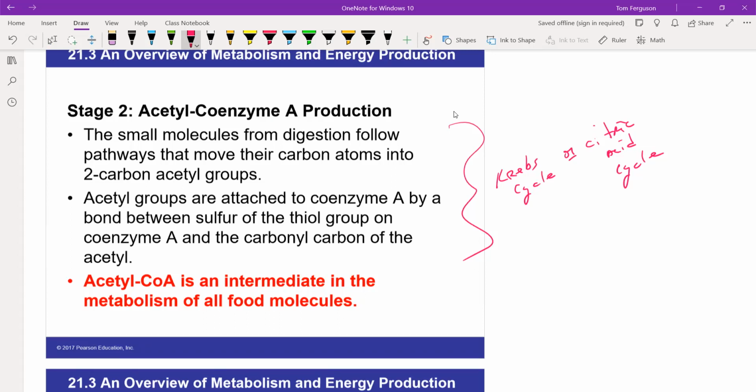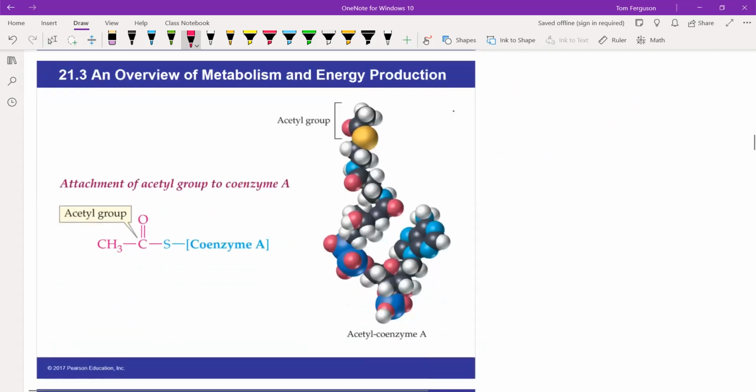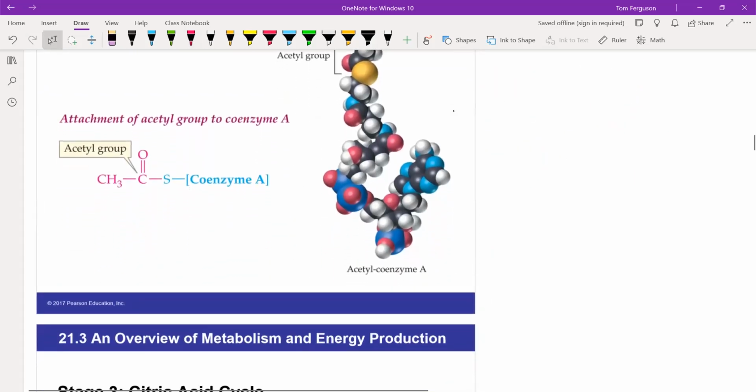And acetyl-CoA then goes on. This is the acetyl part. It's a thiol. And this is a giant molecule called coenzyme A.